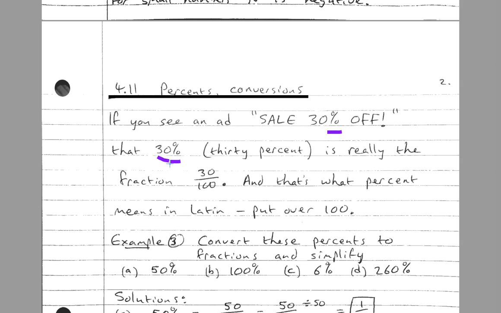So whatever the number is here, it's 30, you put it over 100. And that's what it means in Latin. Per means divide, cent means 100. So it's always 100 on the bottom.